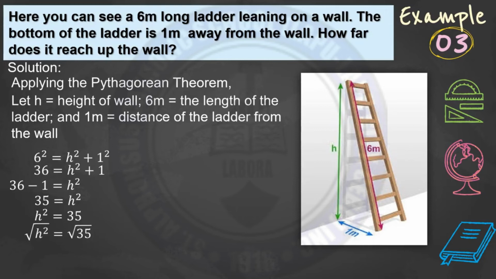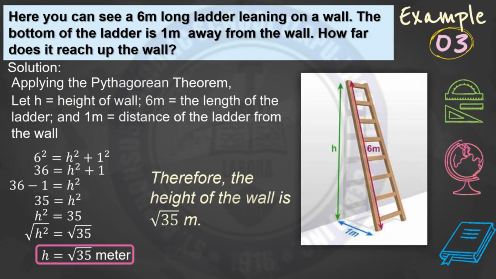Extracting square roots on both sides of the equation, h is equal to square root of 35 meters. Since you cannot extract any more square root of 35, that would be your final answer. Therefore, the height of the wall is square root of 35 meters.